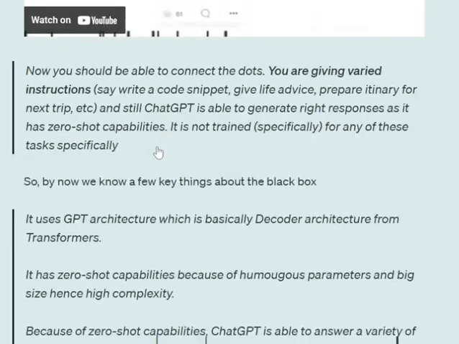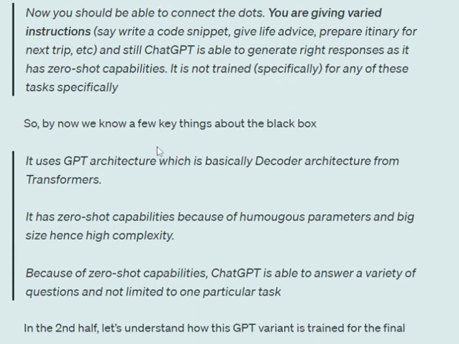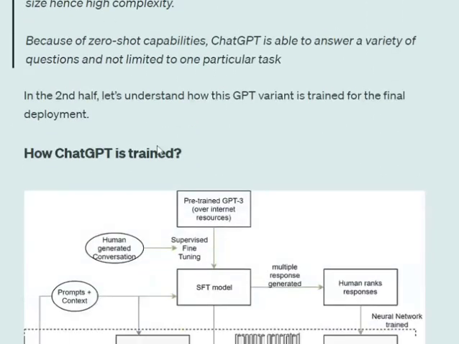Even ChatGPT has zero-shot learning capabilities, and that is why whenever you ask it a random question, like write a code snippet for me, give me life advice on a particular problem, or prepare an itinerary for my next trip, it is able to do that, though it is not trained for such tasks. So right now, we have two important pieces of information about ChatGPT: it uses the GPT architecture, which is a decoder architecture coming from transformers, and it has zero-shot capabilities.